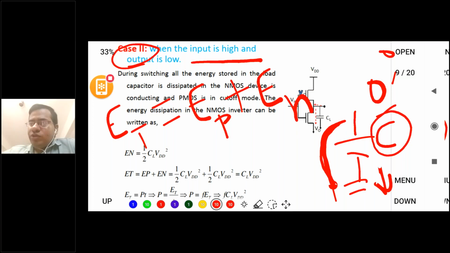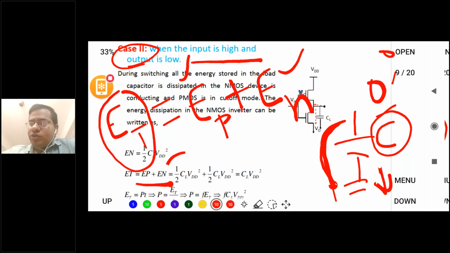Just add these two and you get the total dynamic power dissipation. You already calculated these two values, so here you put them in.